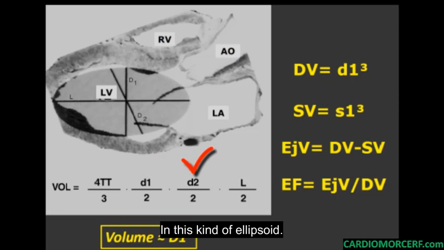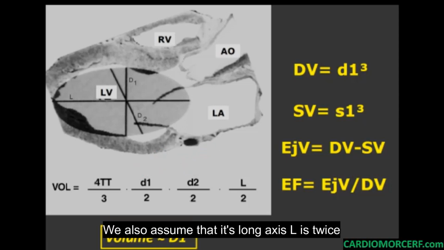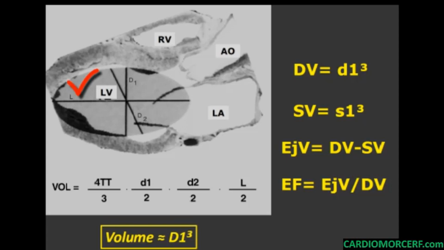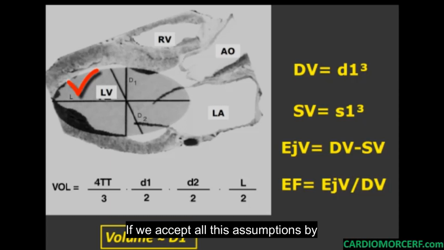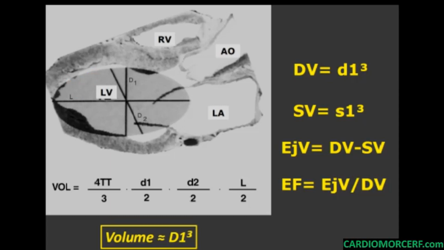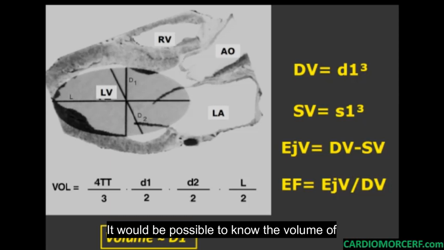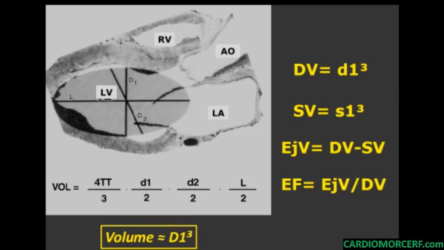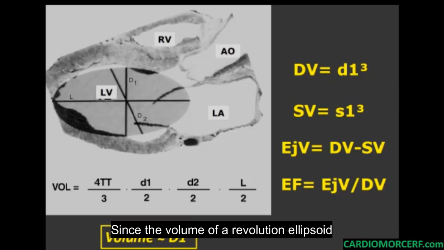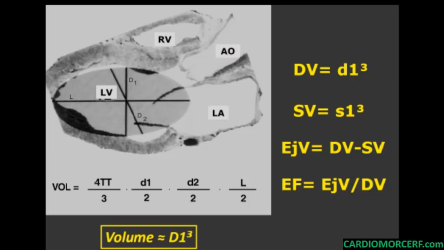In this kind of ellipsoid, we also assume that its long axis, L, is twice the length of D1. If we accept all these assumptions by measuring just the short axis, it would be possible to know the volume of the left ventricle, since the volume of a revolution ellipsoid is calculated by this equation.